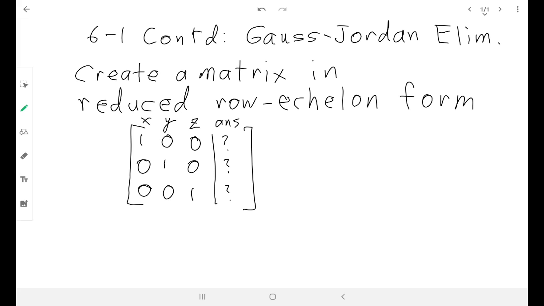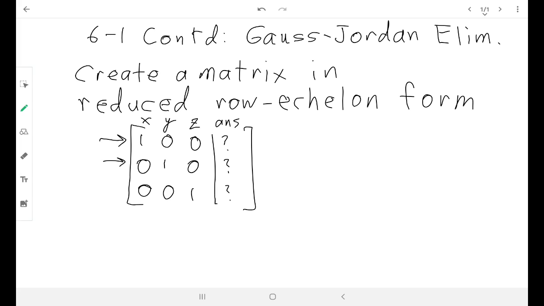And what that's going to do is, once you've done all the row operations to get yourself to this point, then you're done. Because in this first row, you know exactly what X is, because X is the only thing that you have.